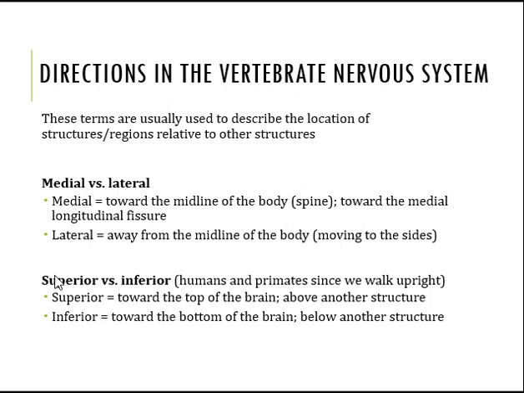And the superior versus inferior, this is for humans and primates since we do walk on 2 feet. For the superior direction, that's toward the top of the brain, so above things, or you're inferior to something, or you're toward the bottom of the brain, or you're below another structure. 2 structures that will use this nomenclature are the superior and inferior colliculi.